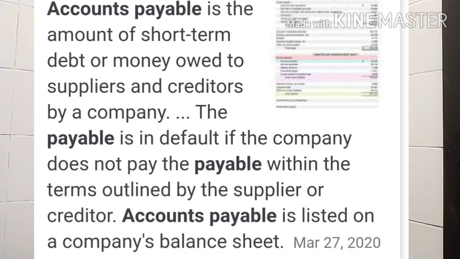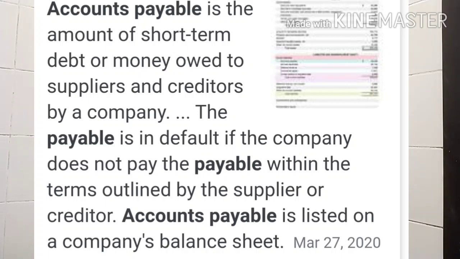What is accounts payable? Accounts payable is your obligation to pay. You are obliged to pay. It's just like you acquire supplies on credit. You purchase supplies, but you did not pay, you bought on credit, meaning you have the obligation to pay in the future.